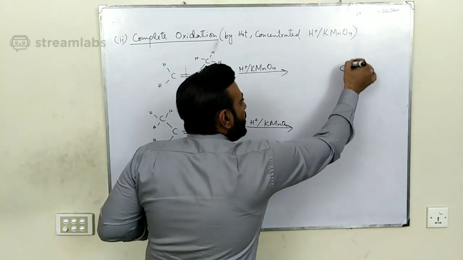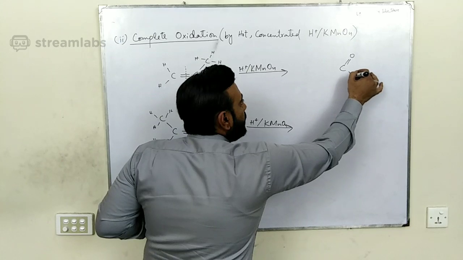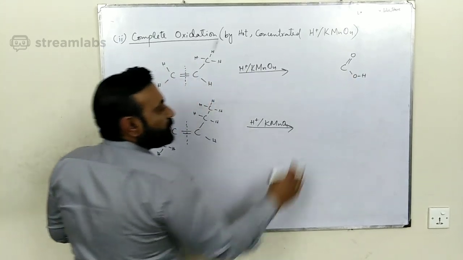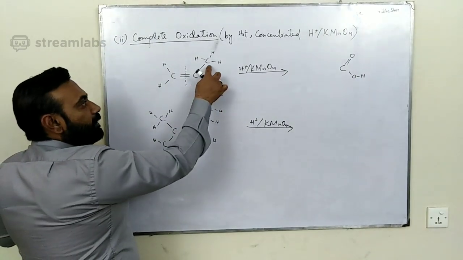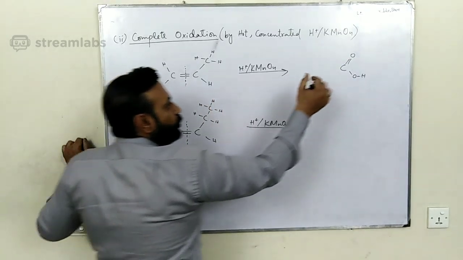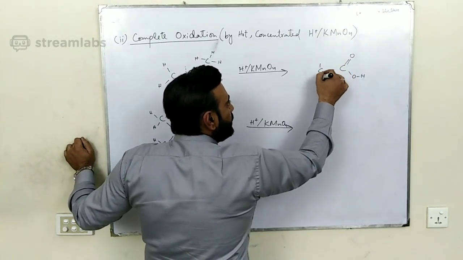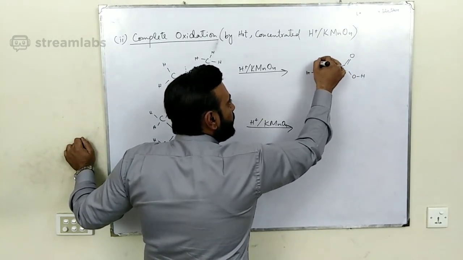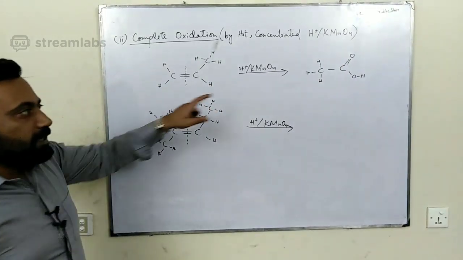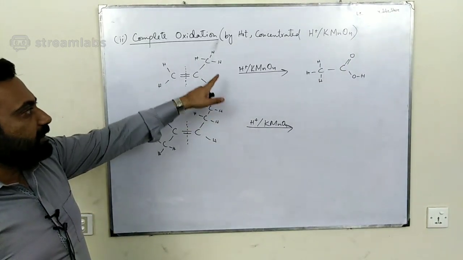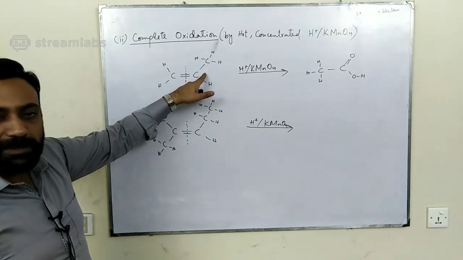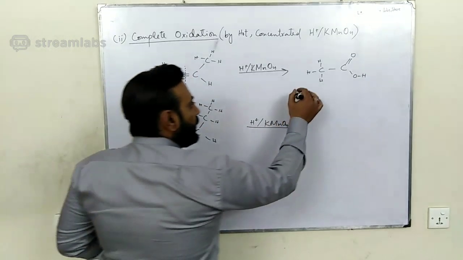So this carbon atom now has a functional group of carboxylic acid, and on the other side there was a methyl group that would remain unchanged. So this is one of the products. This is ethanoic acid because of presence of two carbon atoms in this chain. So this is ethanoic acid.